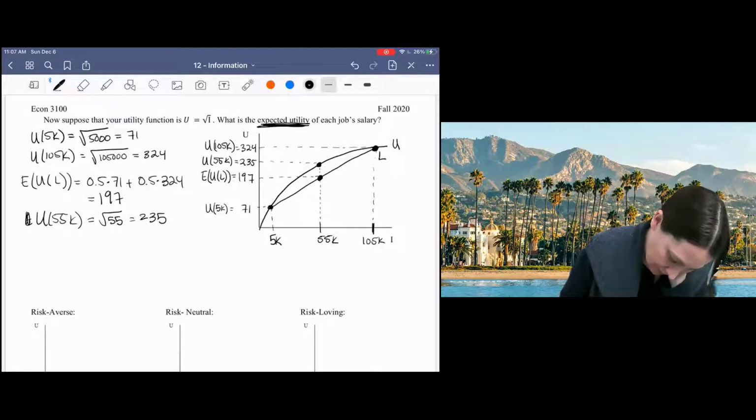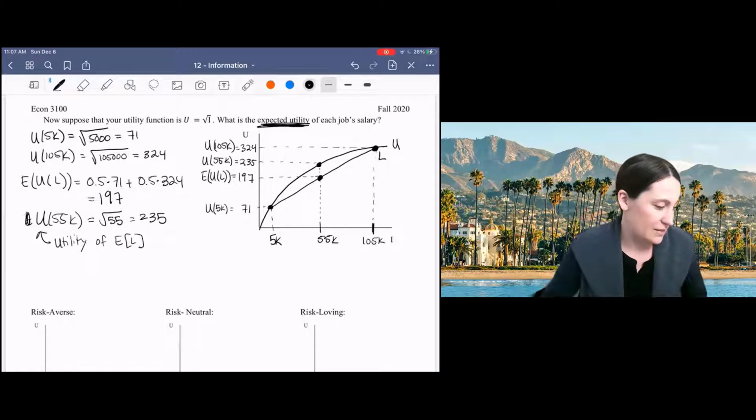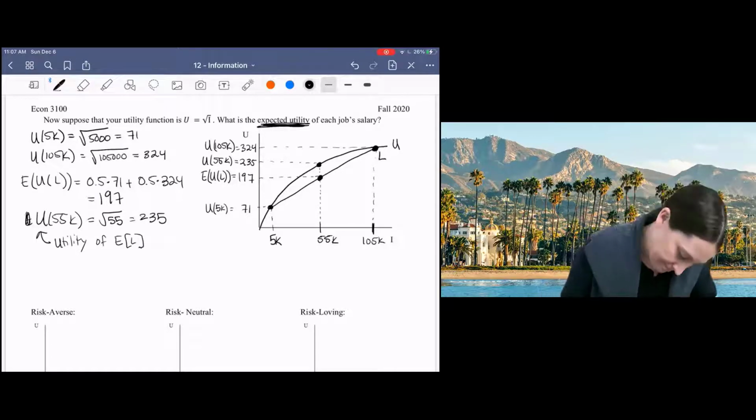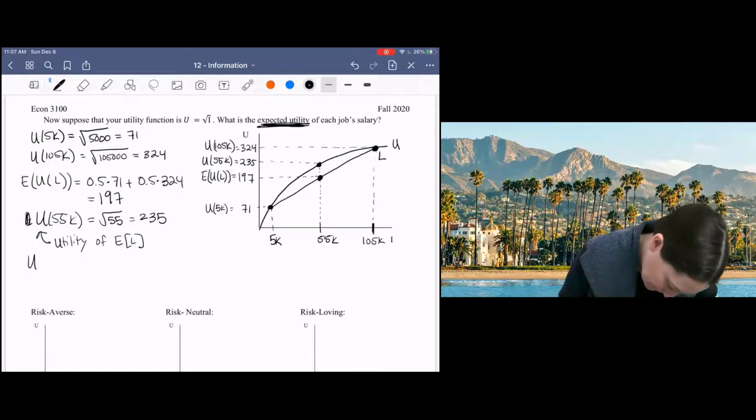So this is the utility of the expected value of the lottery. And you'll notice here that the utility of the expected value, with certainty, is bigger than the expected utility.